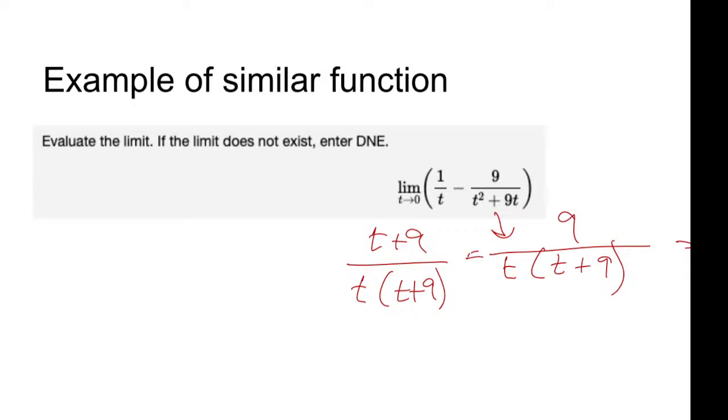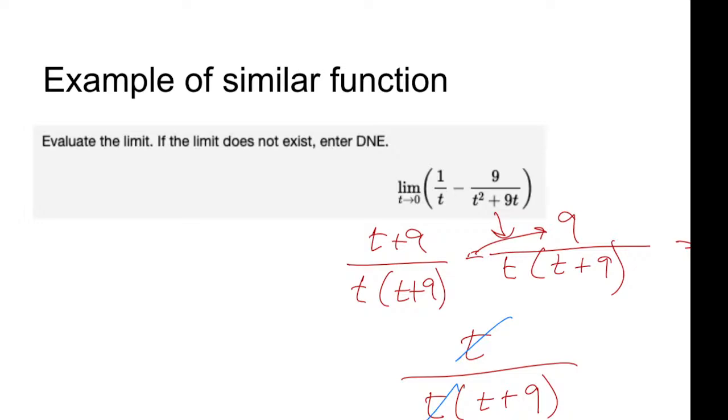So then in the numerator, we get t plus 9 minus 9. So that minus goes there. In the denominator, we have t times t plus 9. Plus 9 and minus 9 is 0. So we're left with t over t times t plus 9. And then we can cancel out the t.